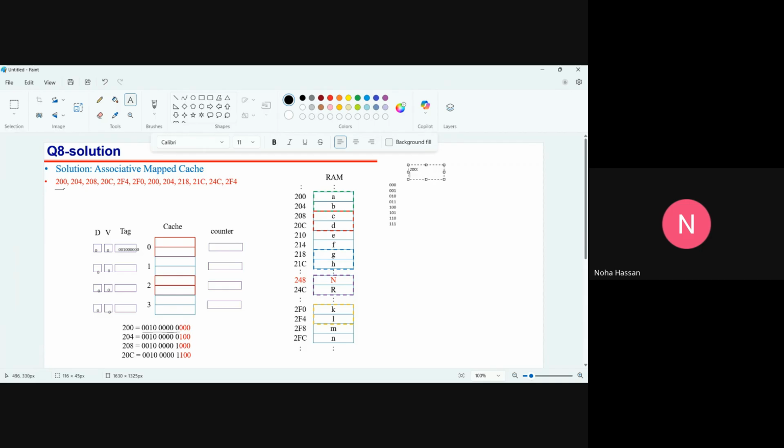Because V was 0, there was no valid tag, so this is a miss. This is considered a miss at the beginning. When we call this address, it's a miss. And then my counter, because this is the most recent value, will be initialized to 0 at the beginning.